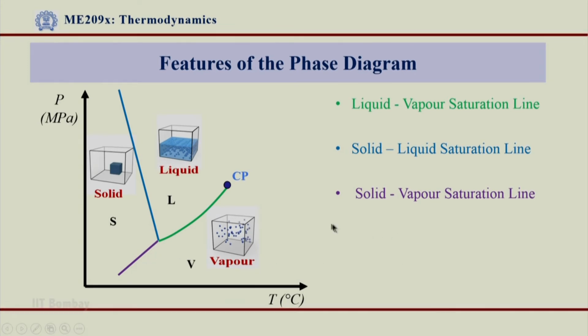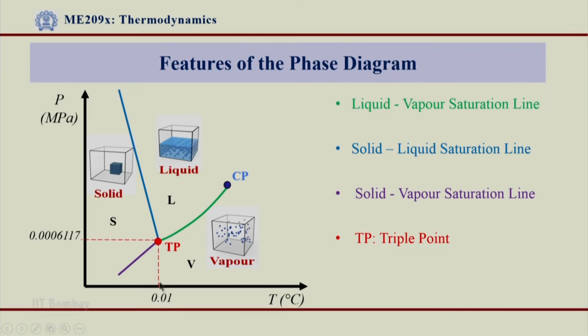In addition to these 3 lines, you also see 2 major points. One important point is the triple point. We had seen this point in the PT diagram when we saw the 3 dimensional phase diagram of water. This is a very specific characteristic of water.